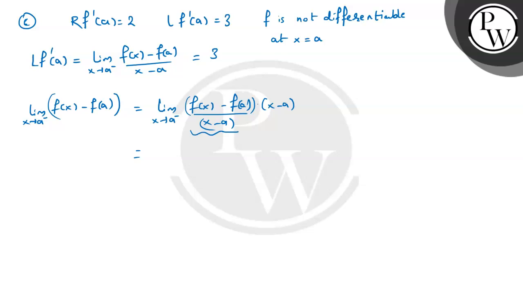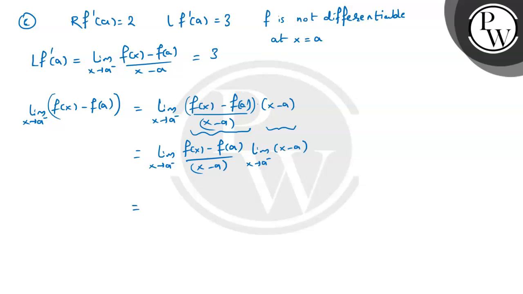Since this limit exists and this limit also exists, we can use the algebra of limits for multiplication of functions. So we have the limit as x tends to a minus of (f(x) minus f(a)) divided by (x minus a), times the limit as x tends to a minus of (x minus a).